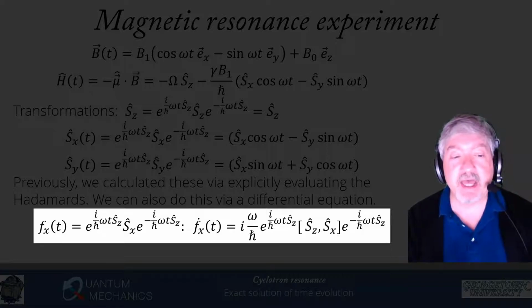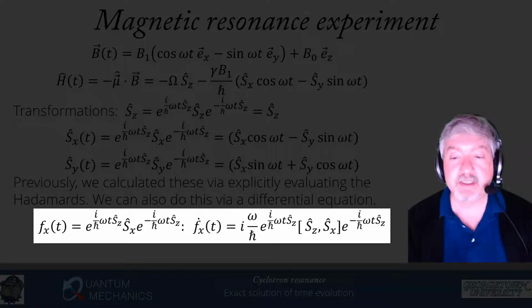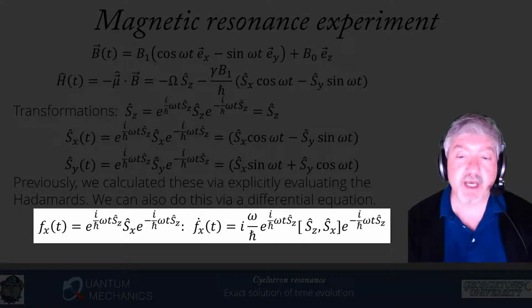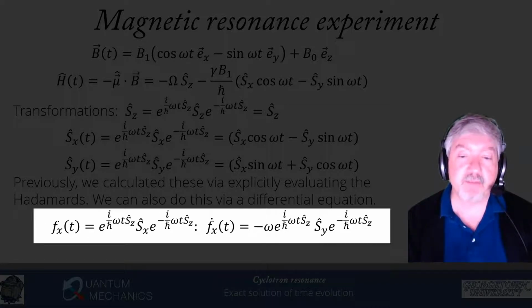Then I'm going to have an Sz to the right of the Sx minus an Sz to the left of the Sx. But that's just the commutator of Sz with Sx. We can evaluate that commutator. It's going to be an i h bar. Because zxy is in cyclic order, it's going to be an i h bar Sy. And then the i h bars will cancel. I'll get a minus omega.